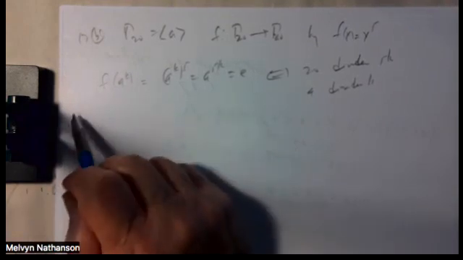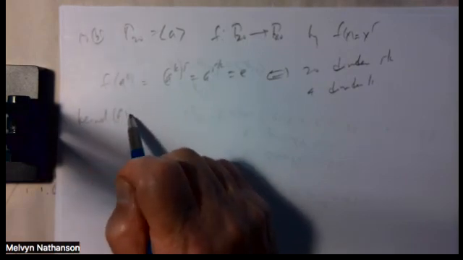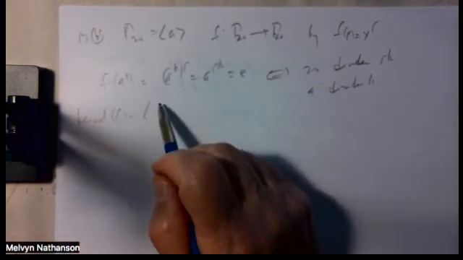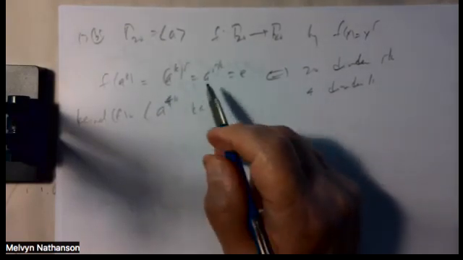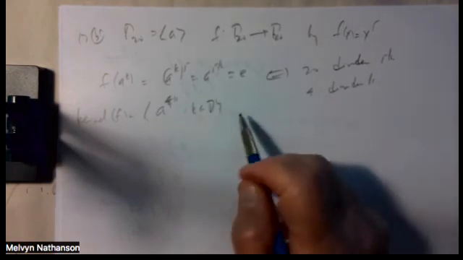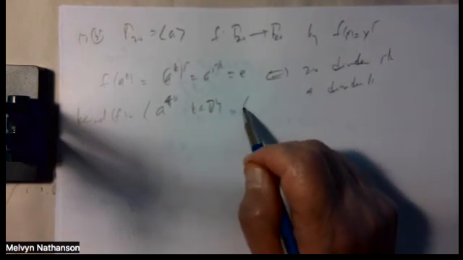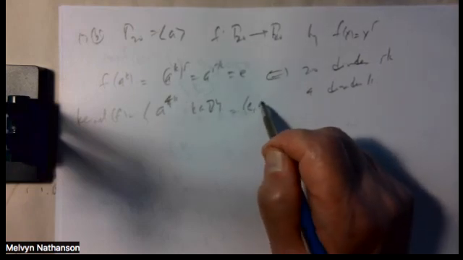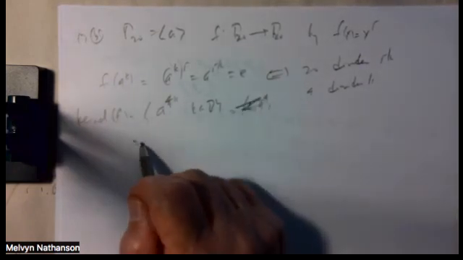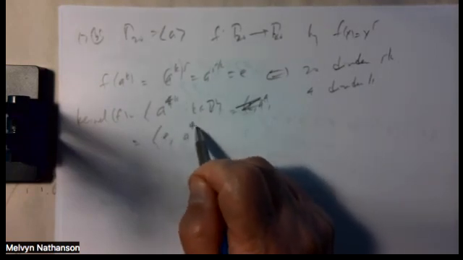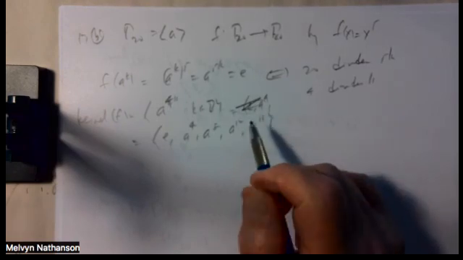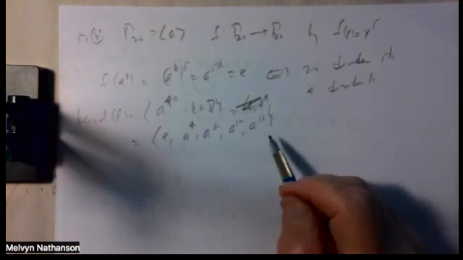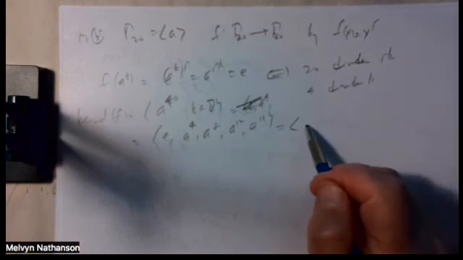So the kernel of f is just all powers a to the 4k. And these distinct powers are a to the 0, e, a to the 4th, a to the 8th, a to the 12th, a to the 16th. This is the cyclic subgroup generated by a to the 4th.